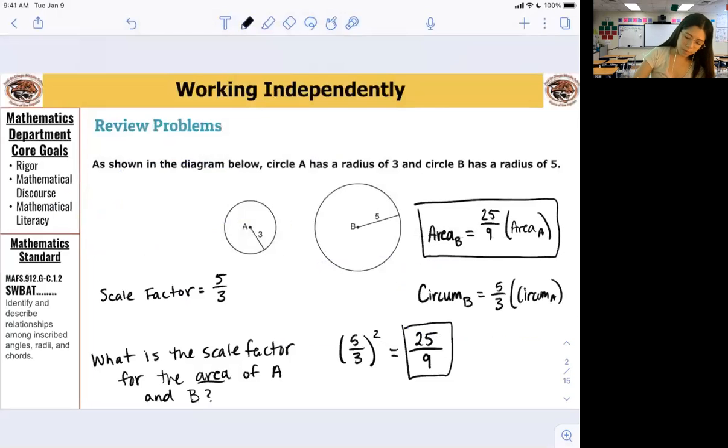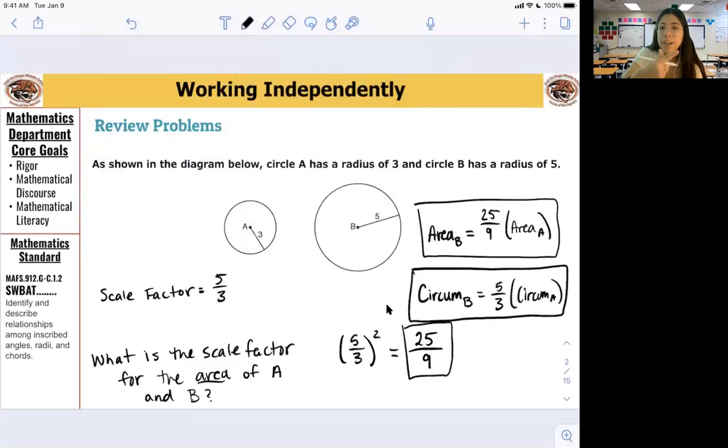Okay, so don't forget that the circumference, the radius, the diameter, all of those kind of normal calculations have the same scale factor of 5/3. But for area specifically, the scale factor is squared. So that would be 25/9. So anytime that it asks you about the area, just remember you have to square it. Everything else, it's the same. It would be the same scale factor. Any questions on that?